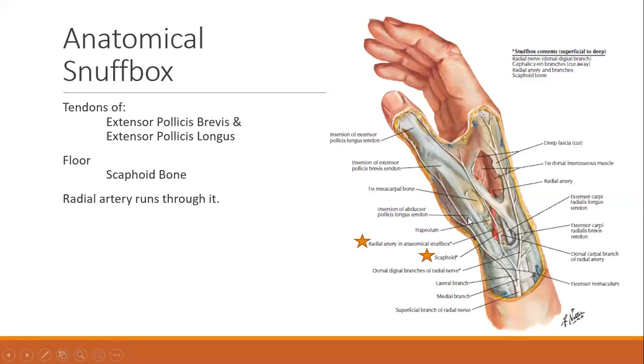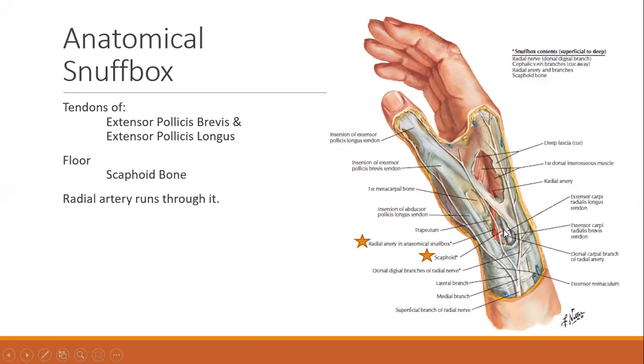It is important that you memorize the boundaries of your anatomical snuff box, specifically these 3 tendons. So you have your extensor pollicis brevis, your extensor pollicis longus, and your abductor pollicis longus. All of them are considered boundaries of your anatomical snuff box.